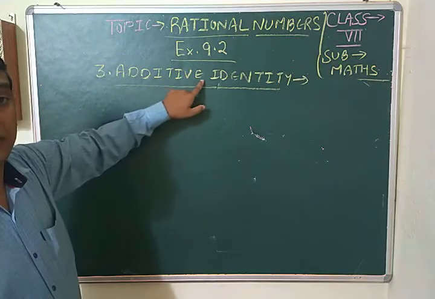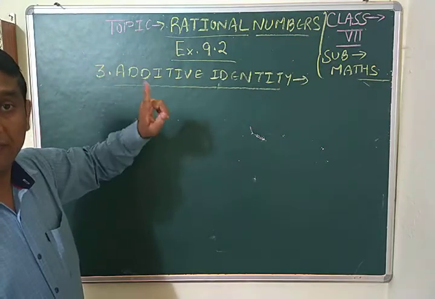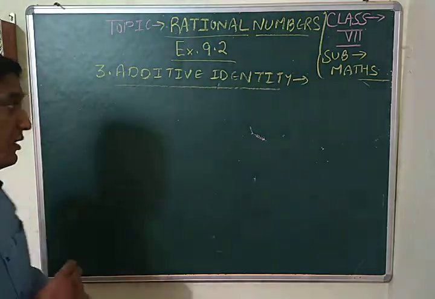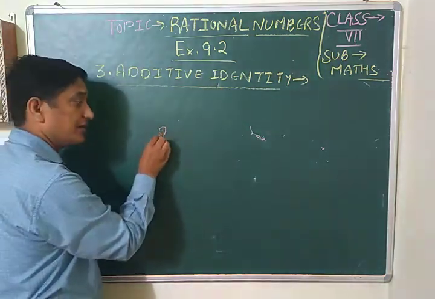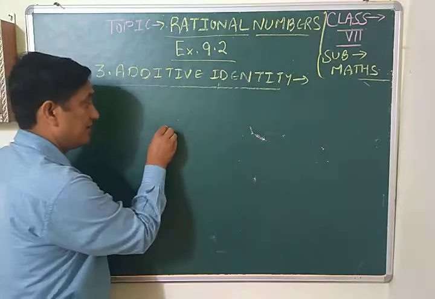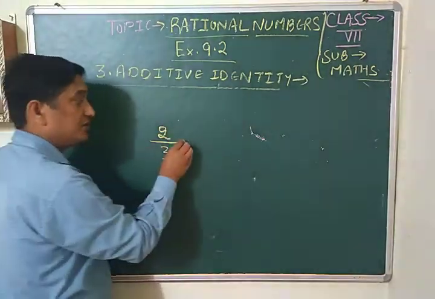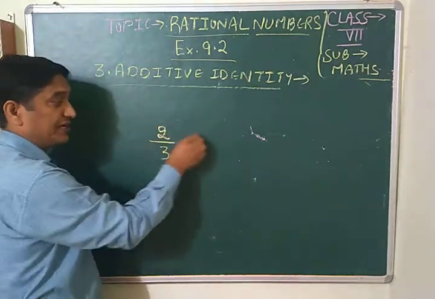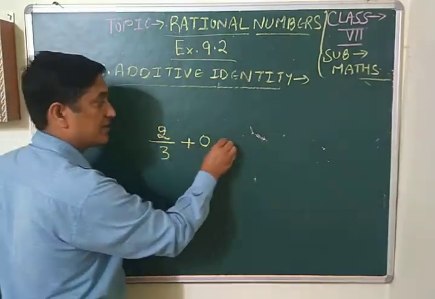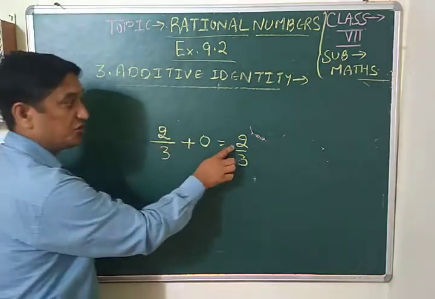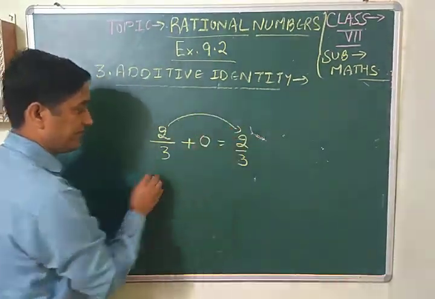If we add 0 to any rational number, the answer is the rational number itself. There is no change in the answer.